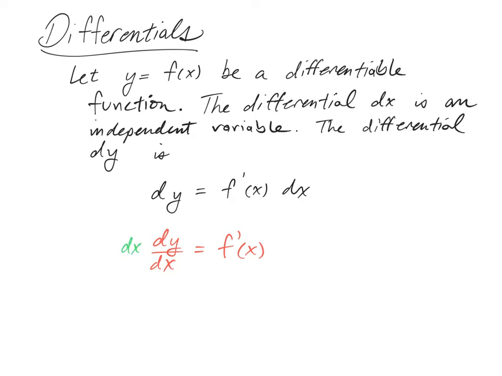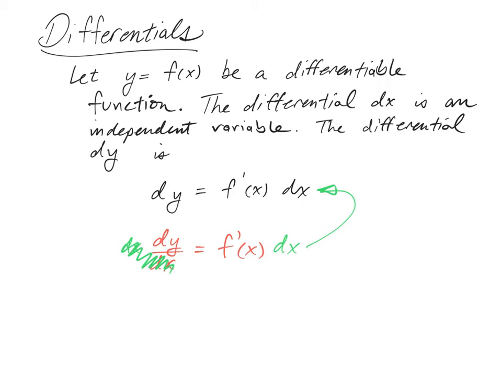I mean, it's pretty easy to see at this point. If you multiply both sides by dx, the dx is reduced away and gives you this equation here. So really, dx and dy are variables, and we can manipulate them around equations just like we could any other variable or any other constant.